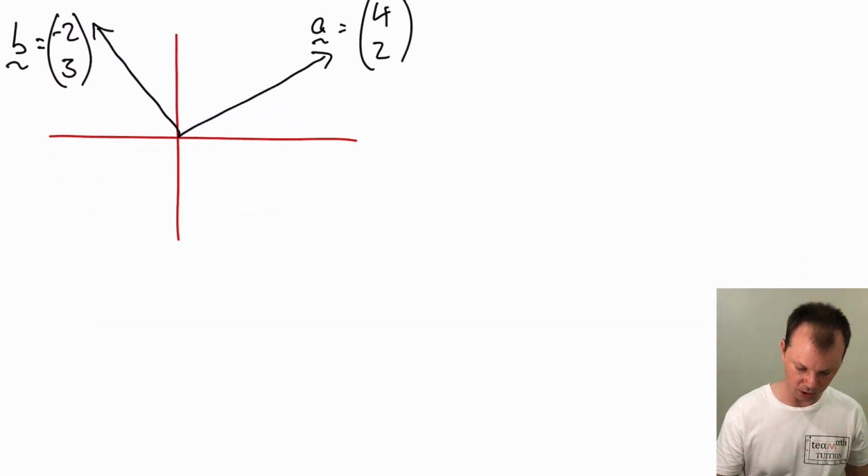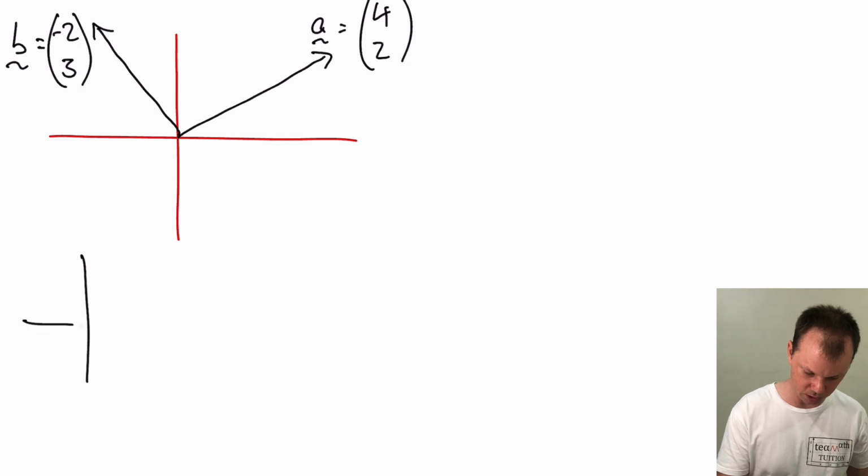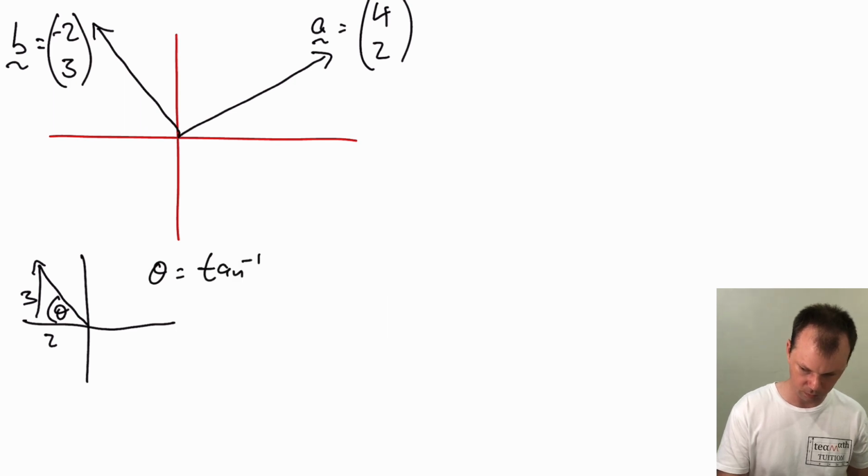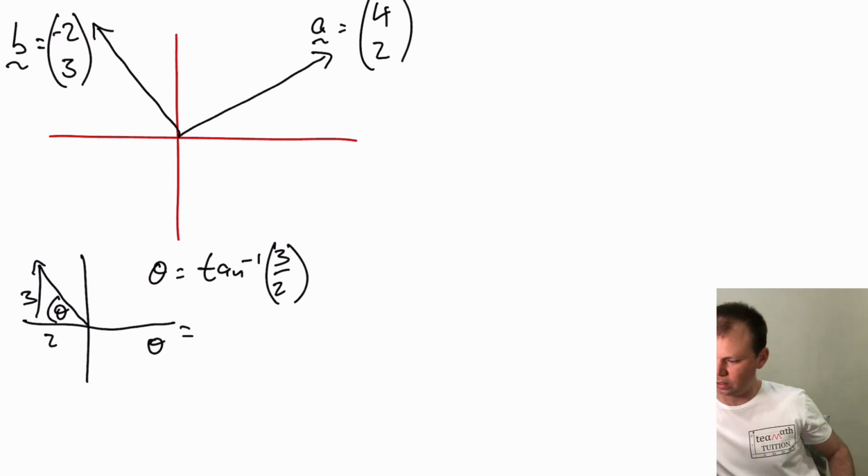The way this works is we draw each vector separately. We've got 2 across and 3 up, so we can work out this theta. So our theta, let's see what that is.